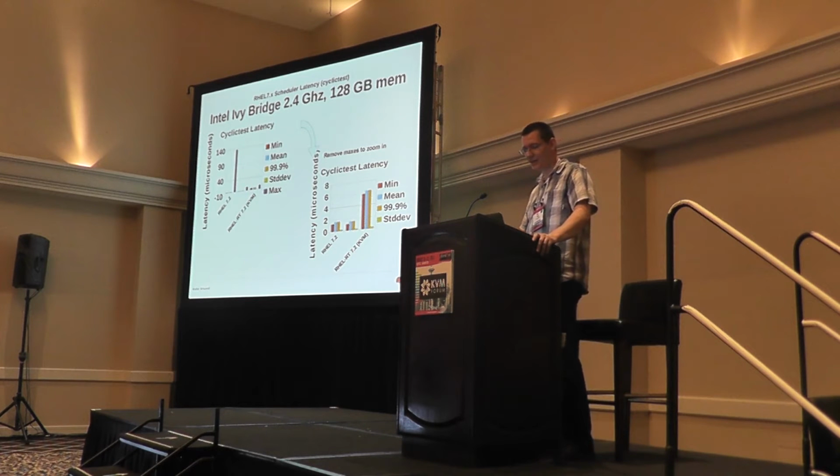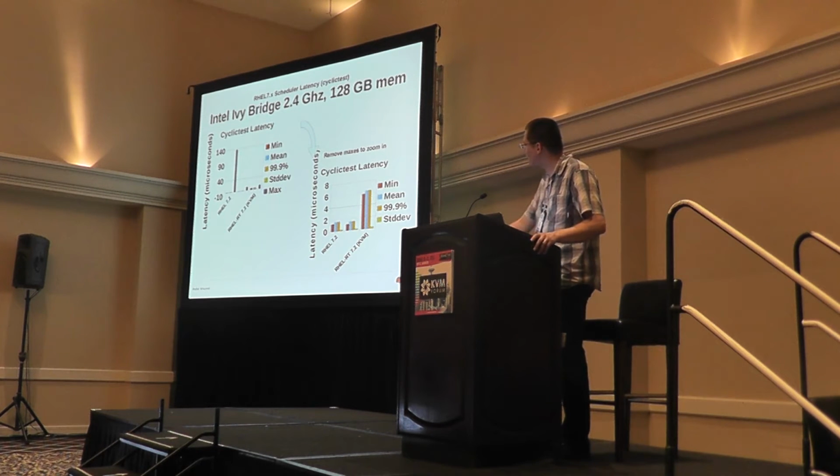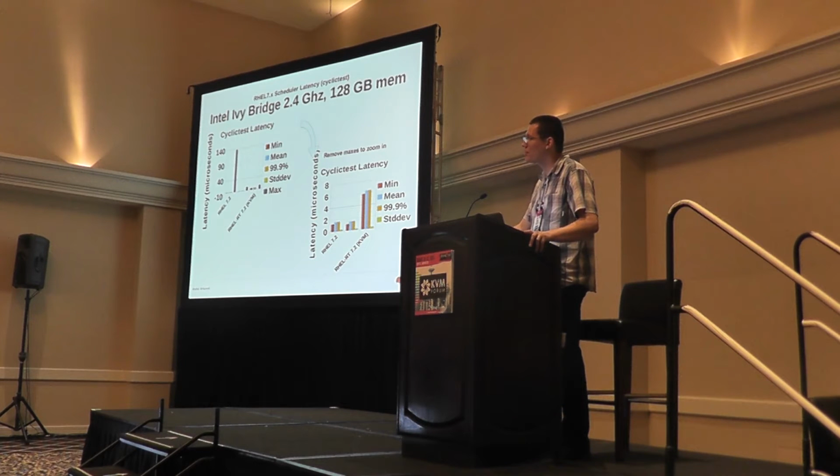So the middle graph everywhere is the bare metal real-time kernel on RHEL 7.2. The slide on the left has the maximum latencies in there. And we actually have to remove the maximum latency from the graph to see how bare metal RHEL 7 and real-time RHEL 7 compare to KVM.